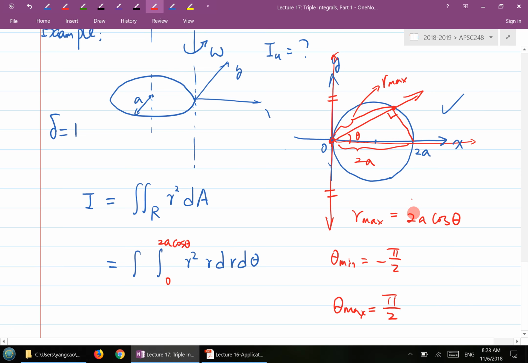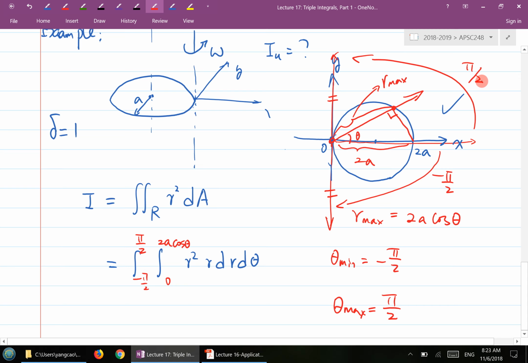So what we choose here is negative pi over 2 to pi over 2. Where's negative pi over 2? From here to here is negative pi over 2, and then from here to here is pi over 2. Does that make sense?